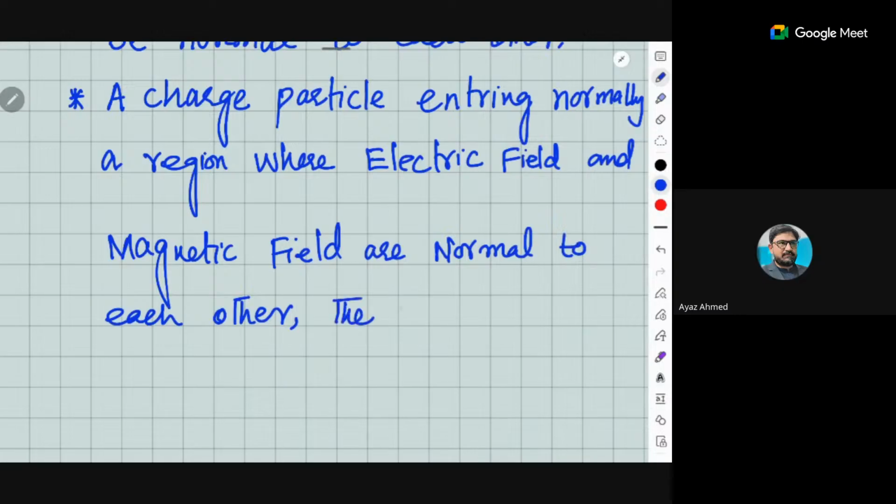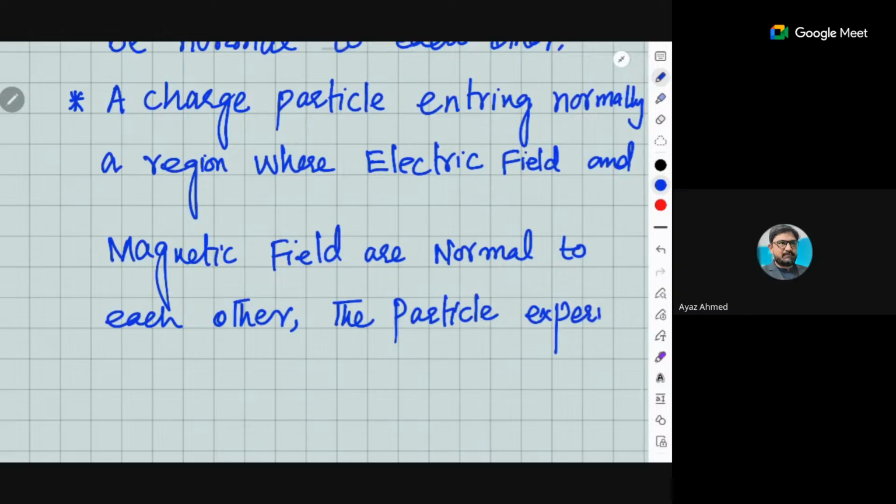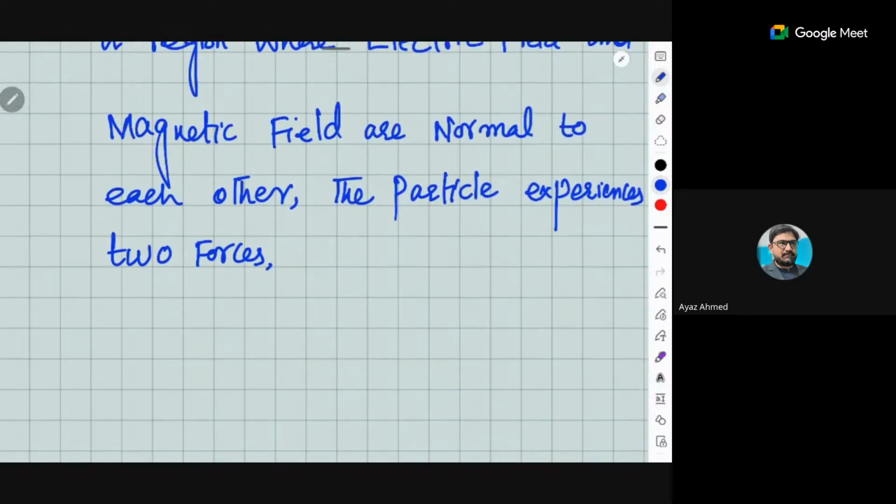The particle, I'm talking about the particle, experiences a force. It experiences two forces. What are those forces? Electric force and magnetic force. Is it clear to everyone?